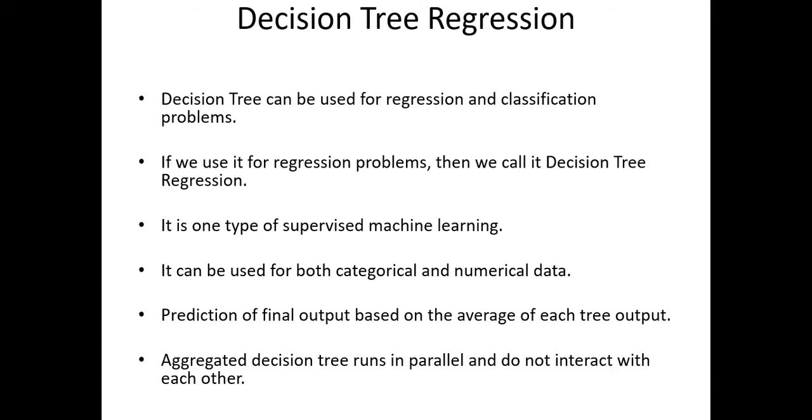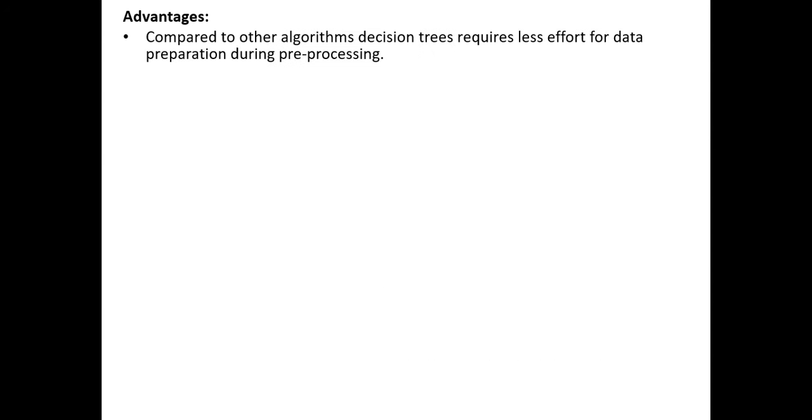Now we will see what are the advantages and disadvantages of using decision tree. Compared to other algorithms, decision trees require less effort for data preparation during pre-processing. So if we compare with other algorithms, it takes very little effort to prepare data for pre-processing.